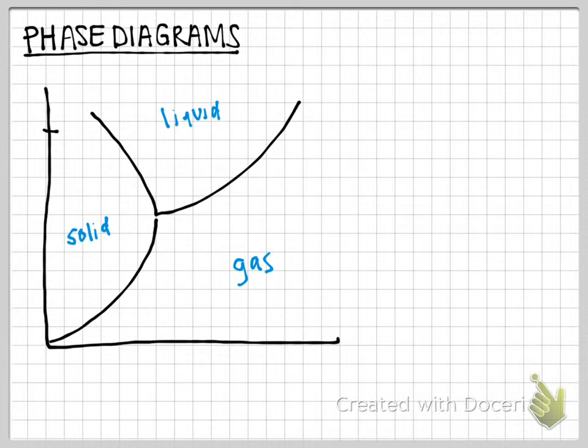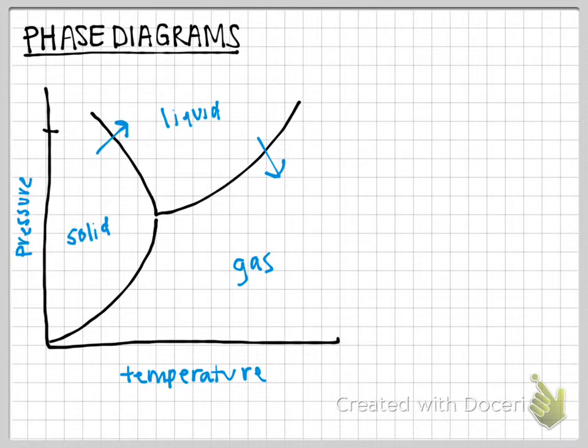The y-axis is always going to be your pressure, and the x-axis is always going to be your temperature. Phase changes will occur as you cross over the line, so solid to liquid, but the arrow that I just drew would be melting, and liquid to gas would be evaporating.